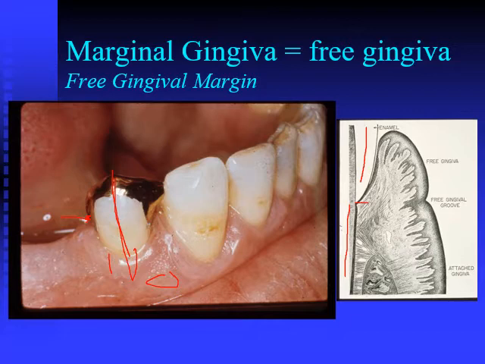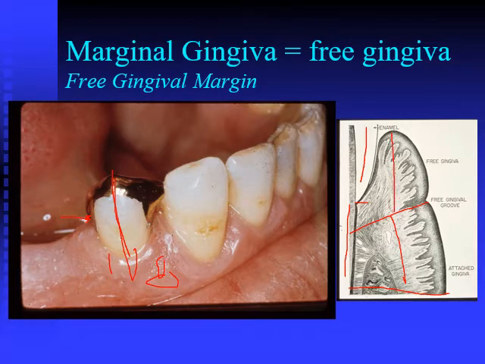We see the attached gingiva, this tissue here, which is uniform coral pink again and somewhat stippled in a healthy situation. We have a free gingival groove which delineates the attached gingiva, which is here, from the free gingiva or marginal gingiva.